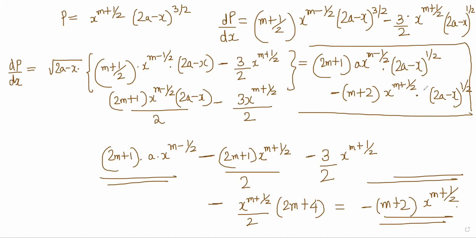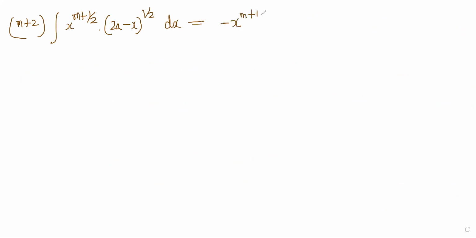Now, notice that we can easily say that I will isolate this part and I will bring it to this side. So what I will get is (m plus 2) integral of x power m plus half multiplied by 2a minus x whole power half dx should be equal to minus x power m plus half 2a minus x power 3 by 2, right?